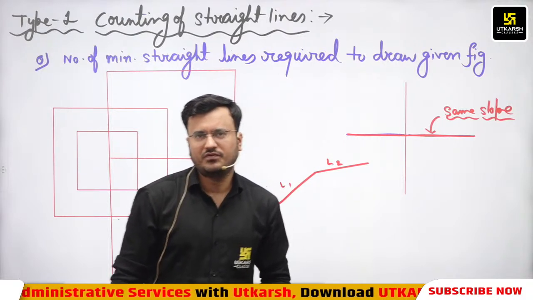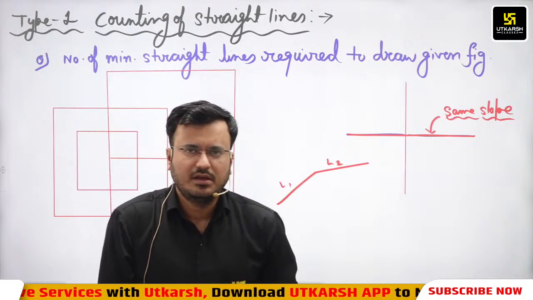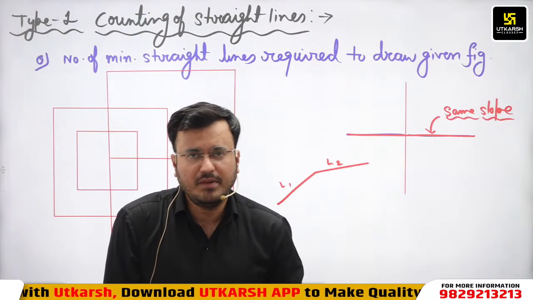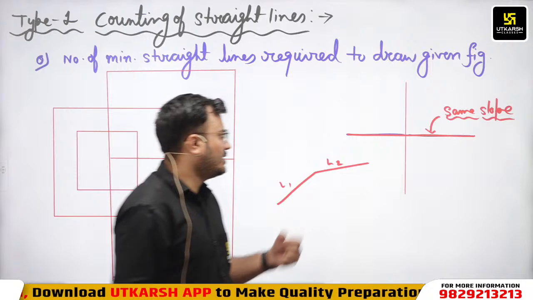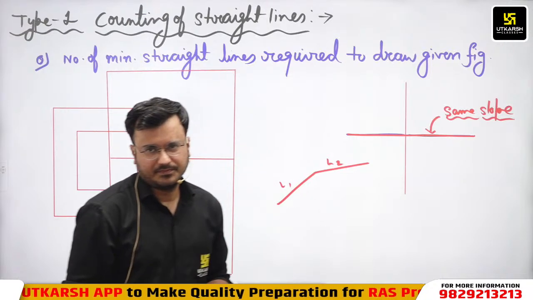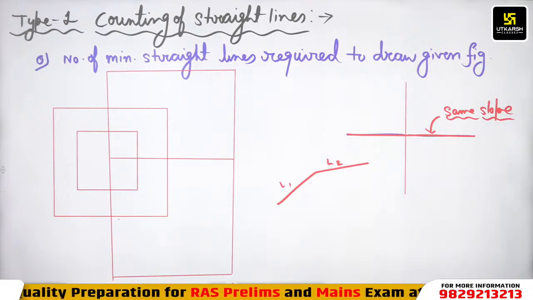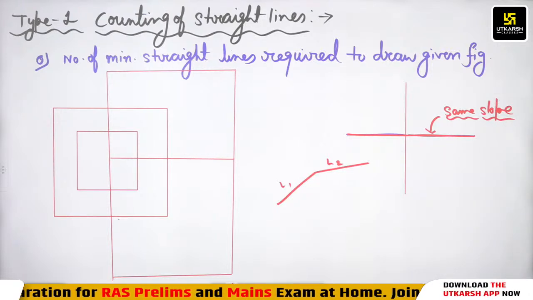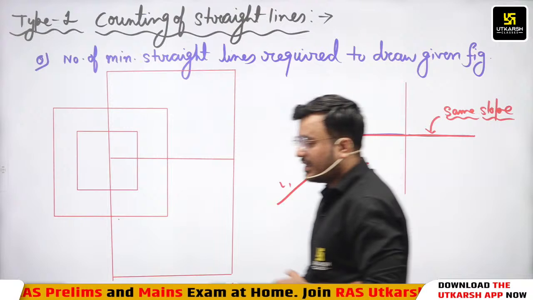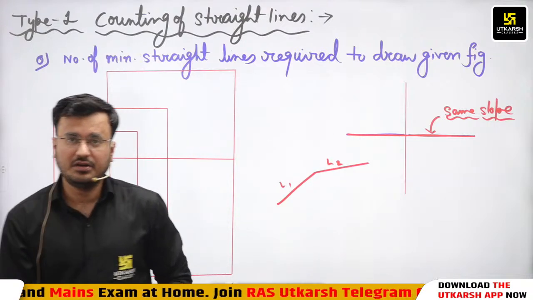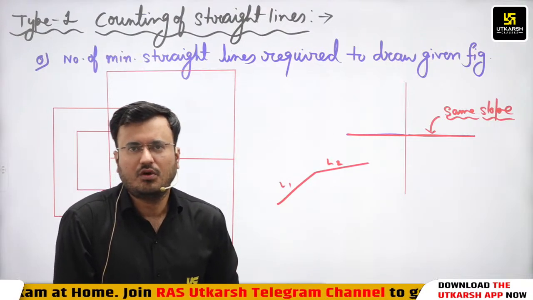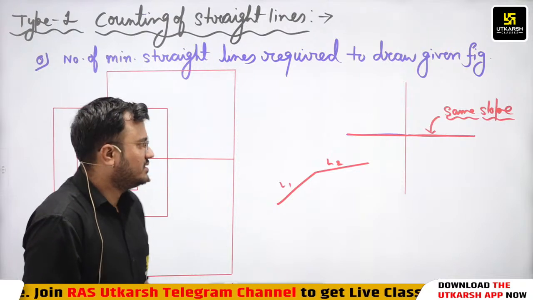And what is the meaning of slope? Slope means the angle made by a line with the positive x-axis. We take the tangent of that angle, and that is called slope. So what is the slope of a straight line?